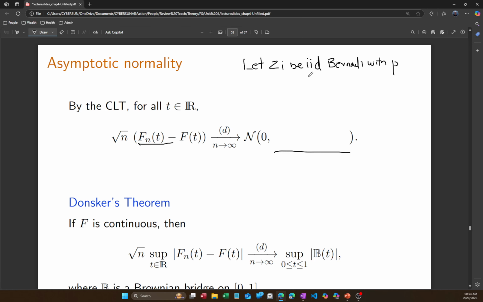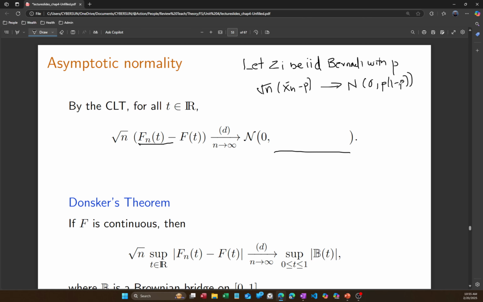Now, if this is true, then we have the expression equal to the square root of n times (X_n minus p). This converges to a Gaussian, a normal distribution with mean 0 and variance p(1 minus p). We know that.